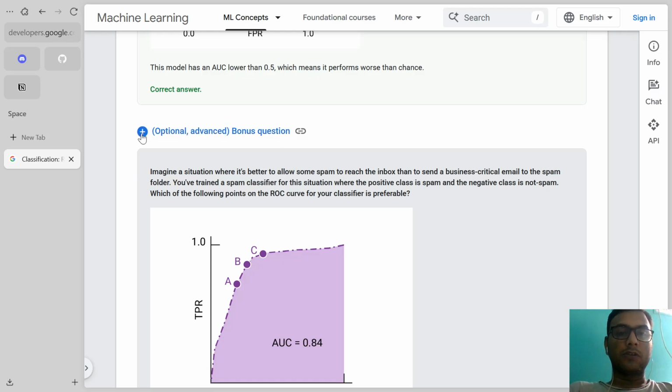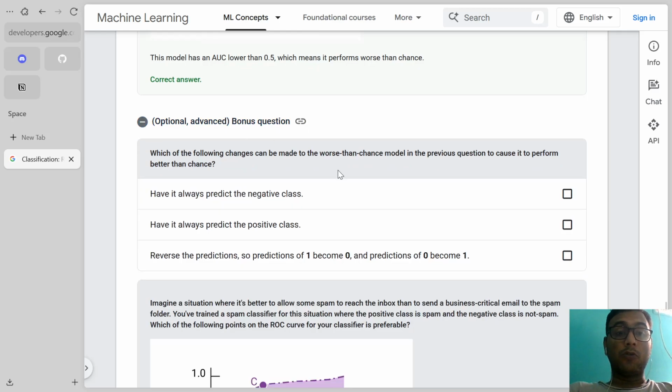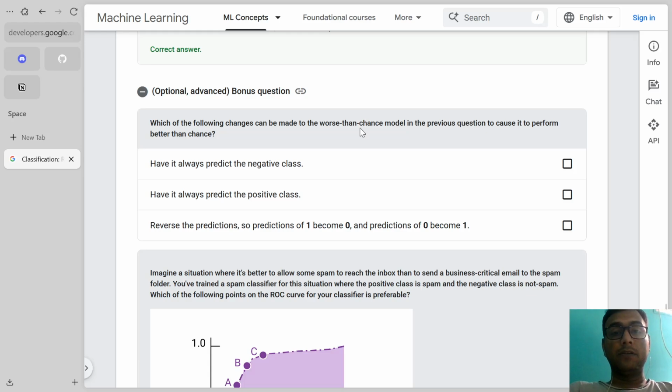Okay, let's read the optional advanced question. Which of the following changes can be made to the worse-than-chance model in the previous question to cause it to perform better than chance? Have it always predict the negative class, have it always predict the positive class, or reverse the prediction, so a prediction of 1 becomes 0 and 0 becomes 1.